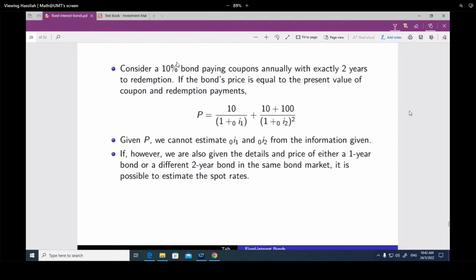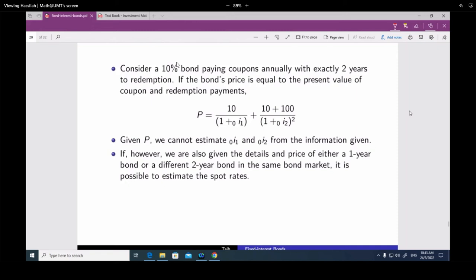Okay, so kalau par value bagi bond tersebut adalah 100, jadi 10% adalah RM10. Remember dalam buku ni always dia gunakan 100 as dia punya par value. Okay, jadi RM10.